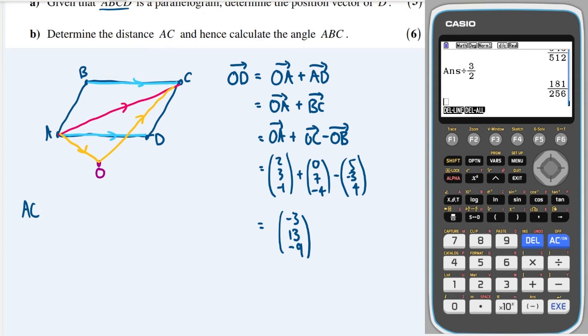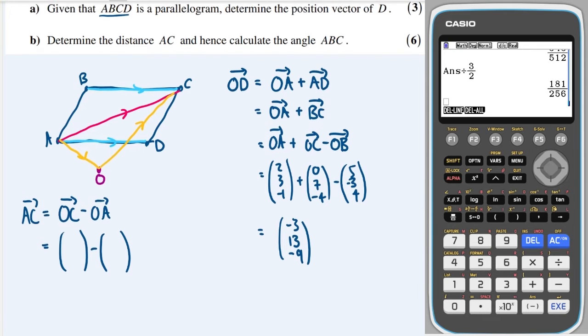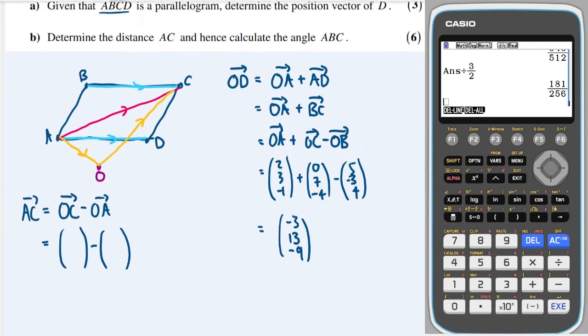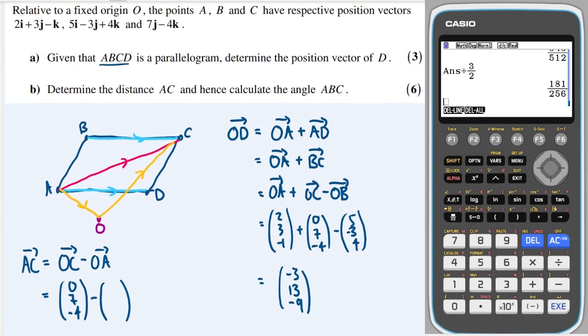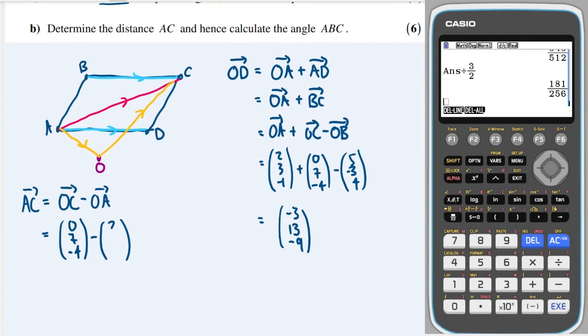So I can write that A to C is equal to O to C minus O to A. So let's put this in column form. We know that C is 0, 7, minus 4. And we know that A is 2, 3, minus 1. So this is going to give me minus 2. It's going to give me 4. And we're going to get minus 3.